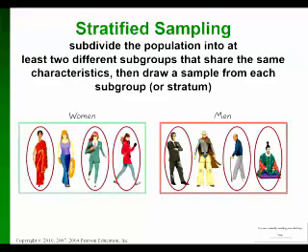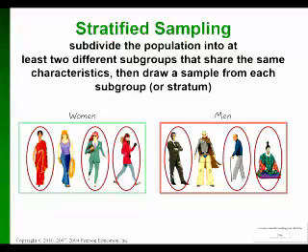If I divide the population of adults in the U.S. into women and men, and then I make sure to choose some women and some men, that's the definition of stratified. If I divide everything in my garden into fruits and vegetables, and I choose some fruits and choose some vegetables, that's stratified, picking some from every group.